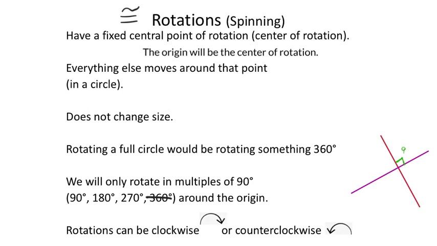But if you think about this, if you were to go not just from the red line, but to the purple line and then back to the red line right there, you went 90 degrees first, and then you went 90 degrees again. 90 plus 90, that's where we get the 180 degrees. Now, I went in this direction, but you can see also that it wouldn't matter if you went in this direction.